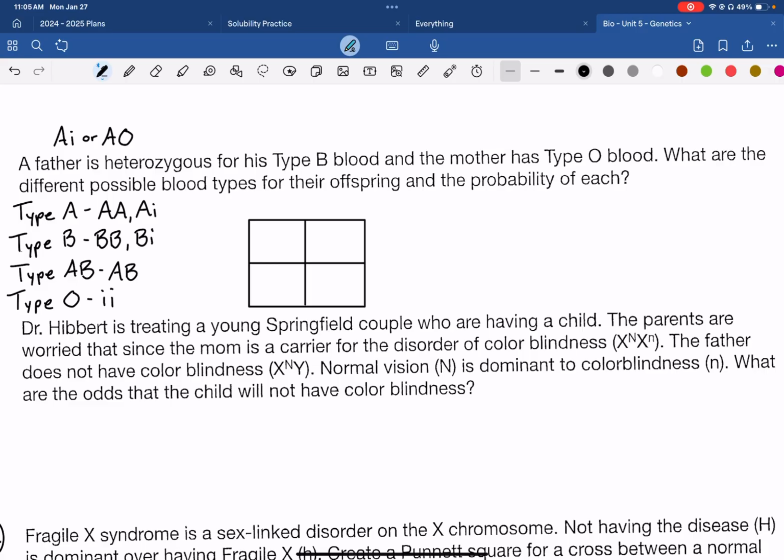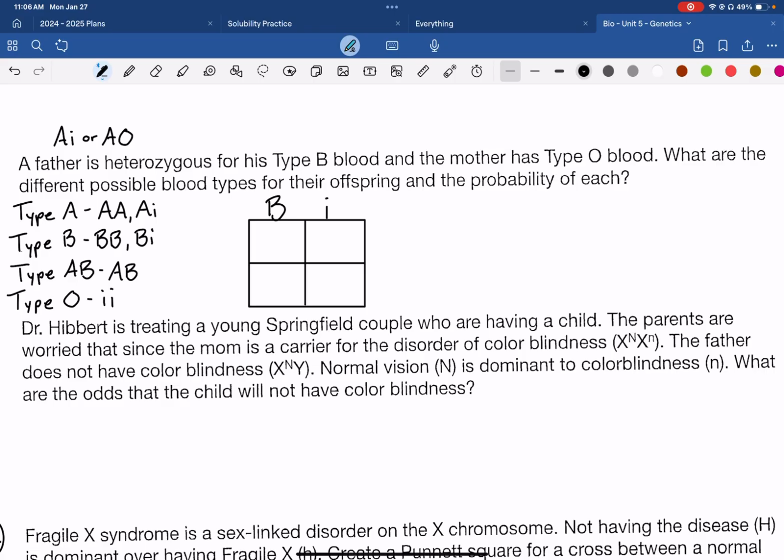So if we look over at blood types, type B gives us two options, BB or BI. Which one do you think is the heterozygote? Hopefully you said BI because BI is two different letters, B and I. If it would have said the father is homozygous for his type B blood type, homo means the same, right? The only option would be BB. But he's heterozygous, so his blood type is BI.